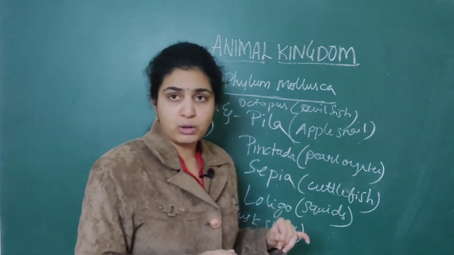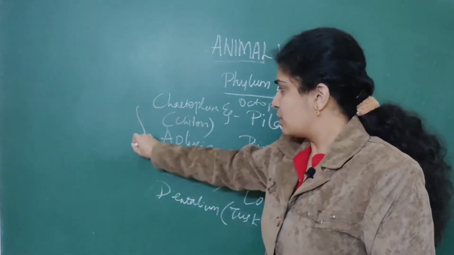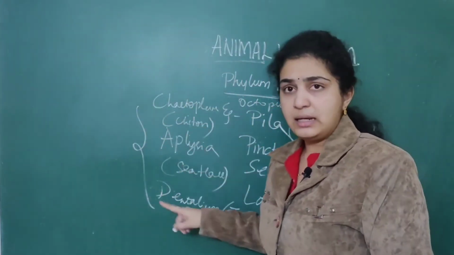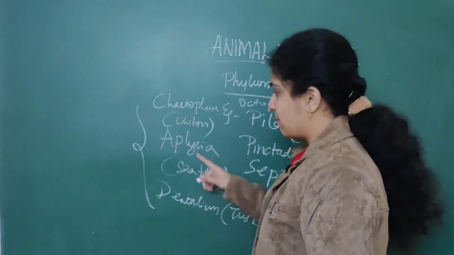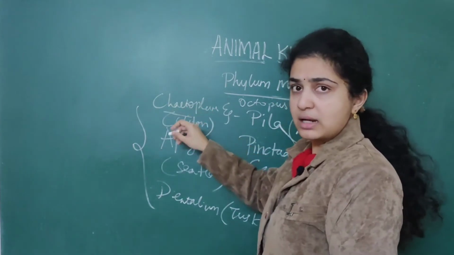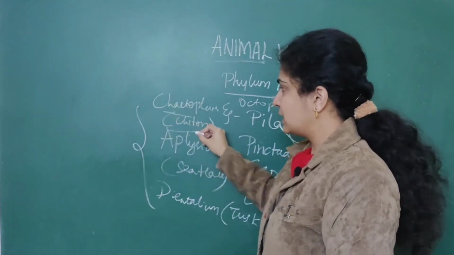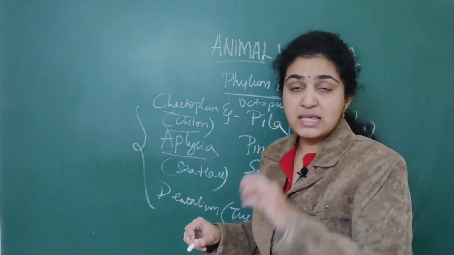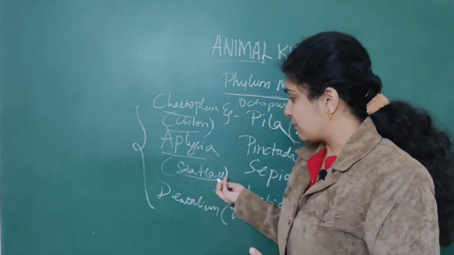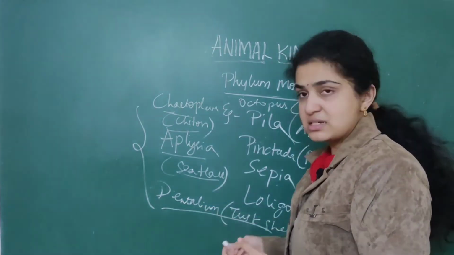Next, Chaetopleura. These three you should remember, because numerous times in NEET questions were asked related to them. One is Chaetopleura, which is chiton. Another one is Aplysia, which is sea hare. And Dentalium is tusk shell.